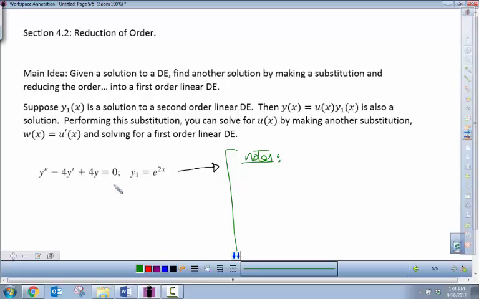We have to assume that this is a second order linear homogeneous differential equation. So we should expect our fundamental set to contain 2 functions, right? So we can call those 2 functions y1 and y2.